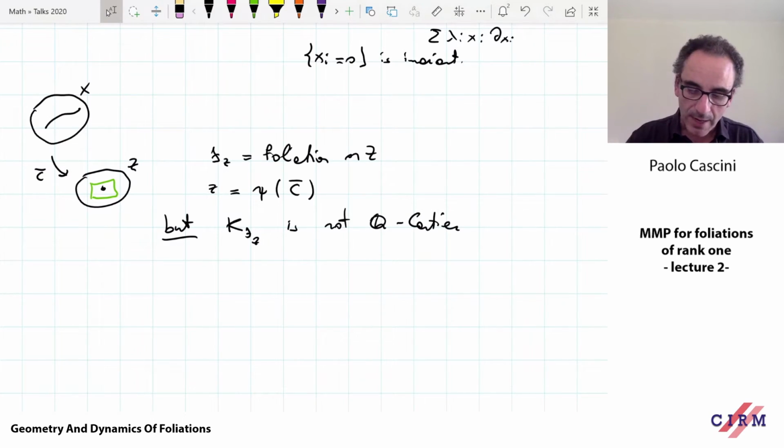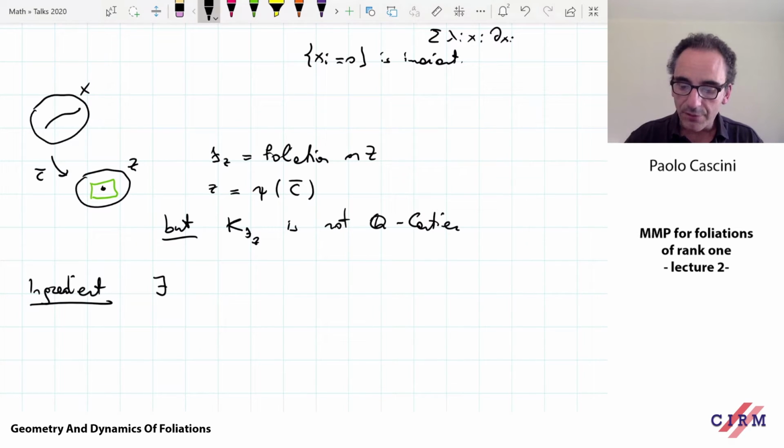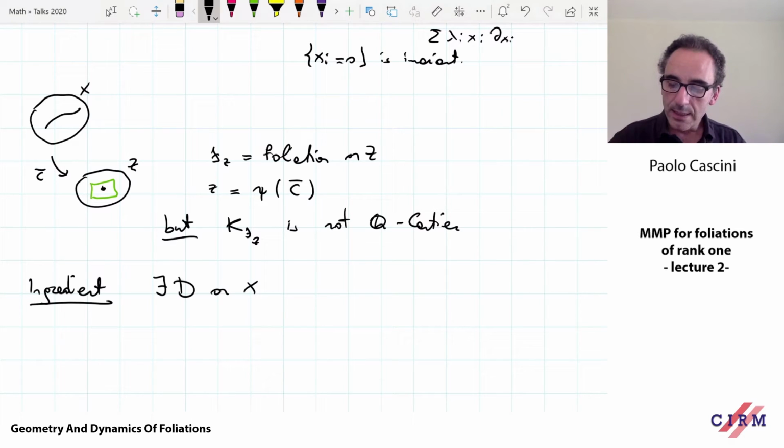So I will skip the proof, but one of the ingredients of the proof is that we can show that there exists a surface divisor D on X with mild singularities such that K_F plus delta plus D is Q-Cartier.